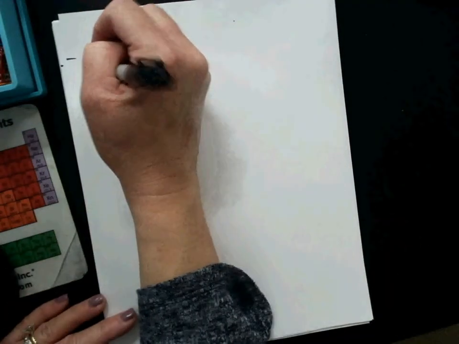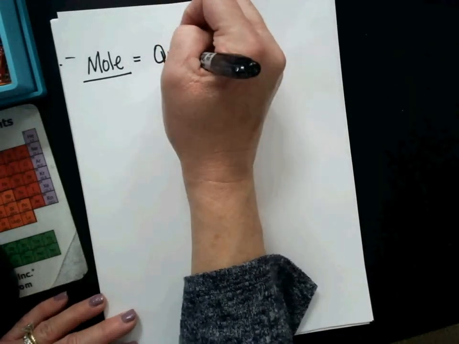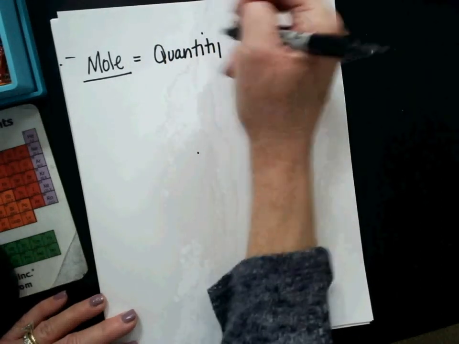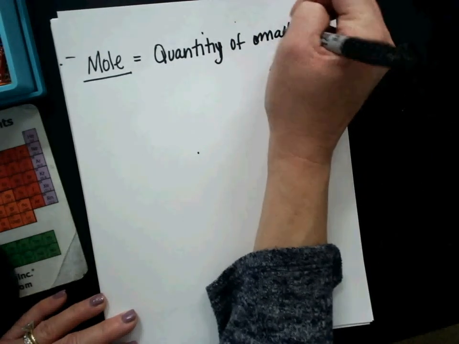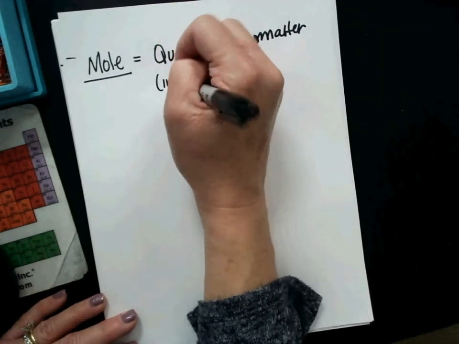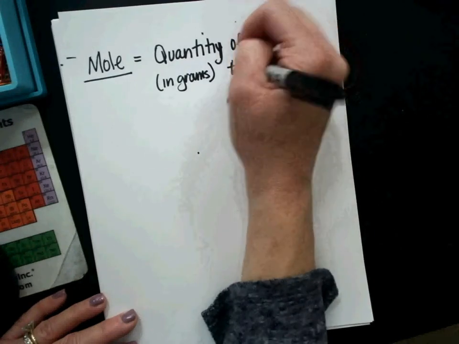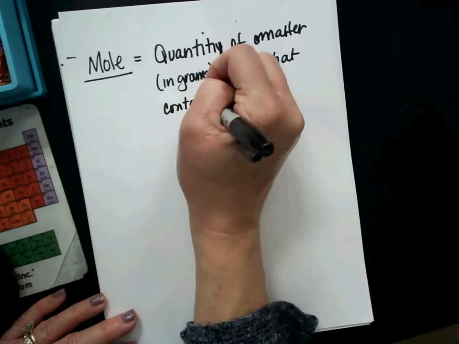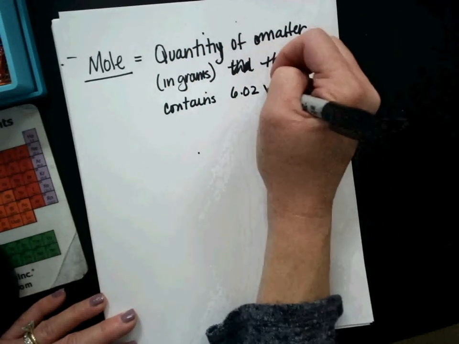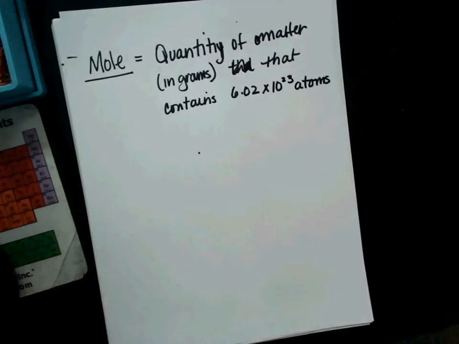Okay, so really quick, let's write these definitions. A mole equals the quantity of matter in grams that contains 6.02 times 10 to the 23rd atoms.